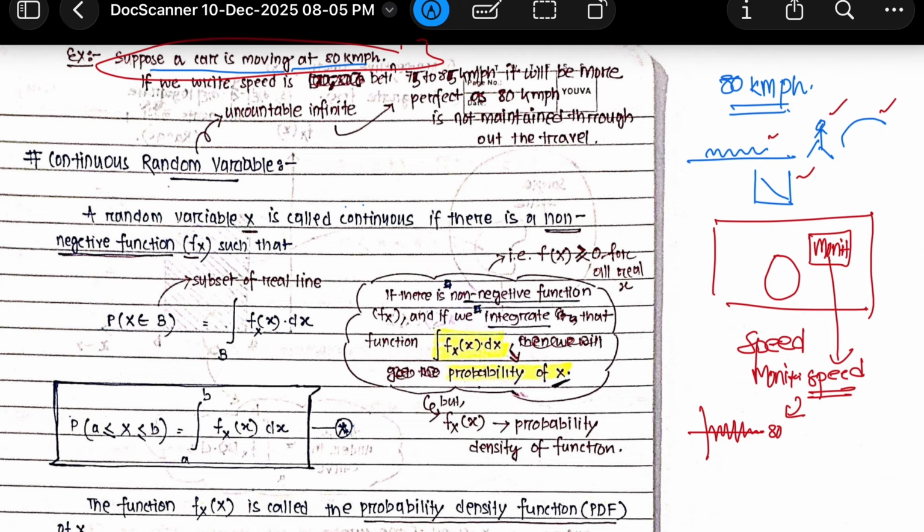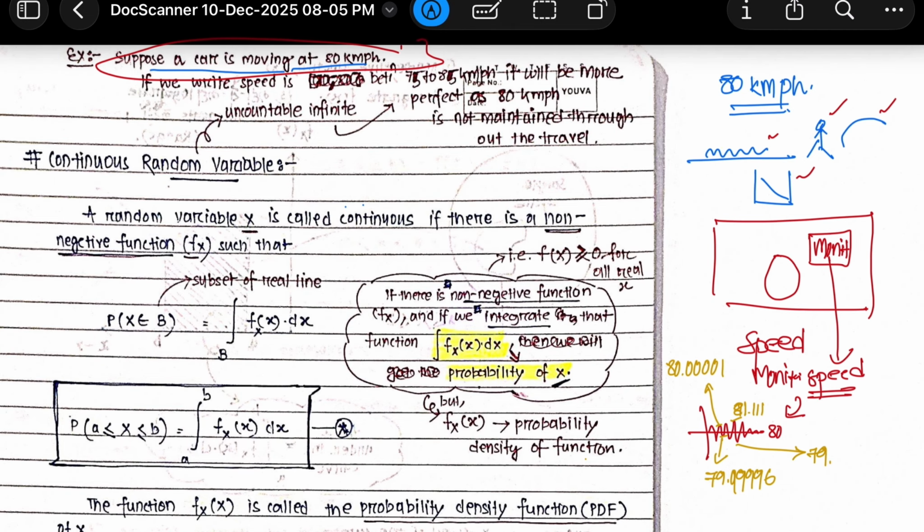It can go up to 81.111, or it can go very slightly less, like 80.000001, or it can be less, like 79 point some value, 79.291999996.